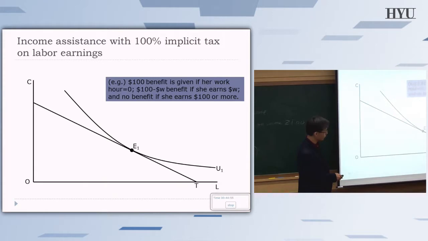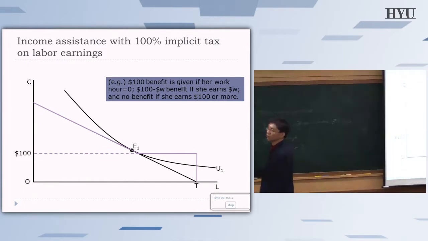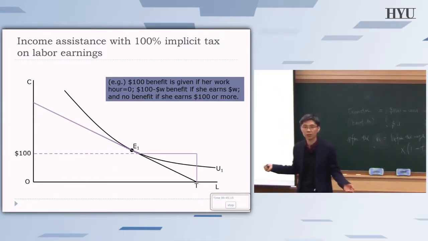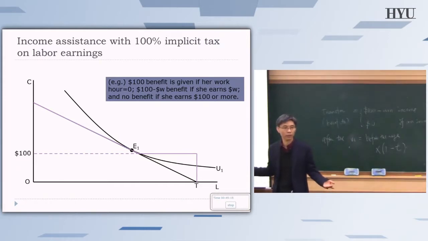Before, if she worked, then her income increased. Now it does not. Obviously, if she earns more than 100, it doesn't matter because she's not going to be a beneficiary. If she works 12 hours, she earns 120. In that case, her wage rate is $10.